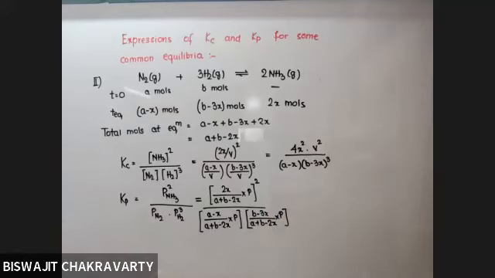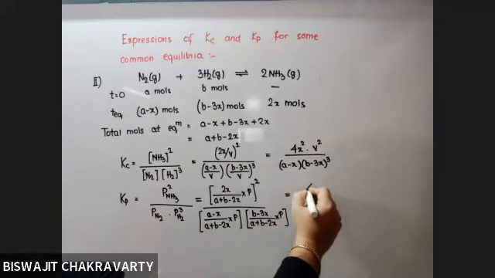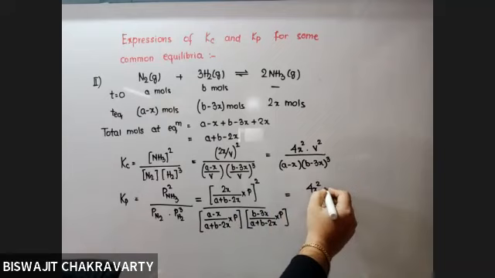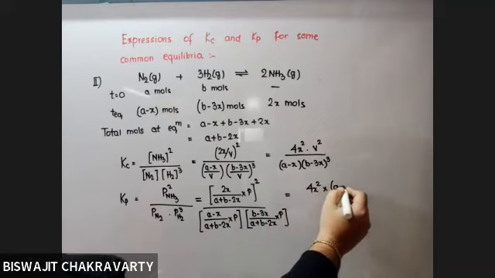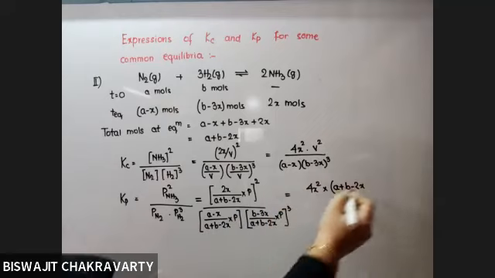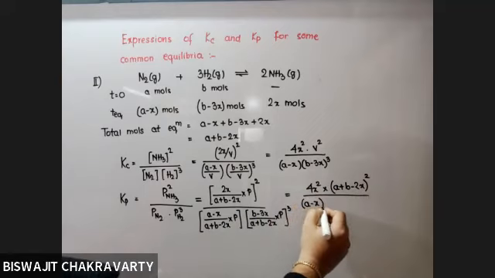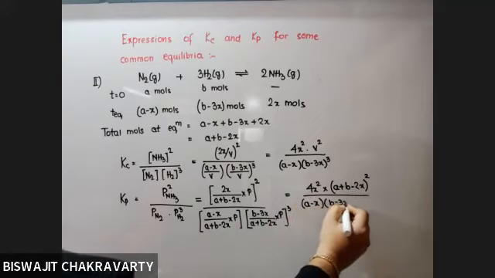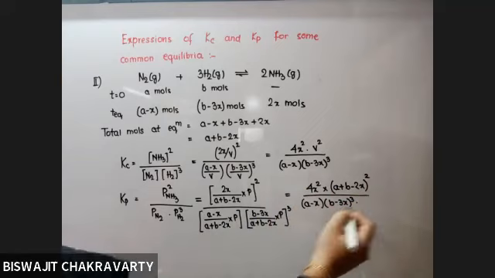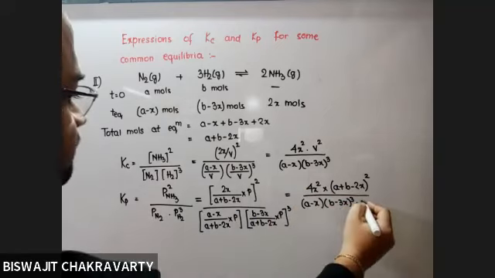So when you solve it out, what you are going to get is 4x square into A plus B minus 2x whole square, upon A minus x into B minus 3x whole cube into P square.